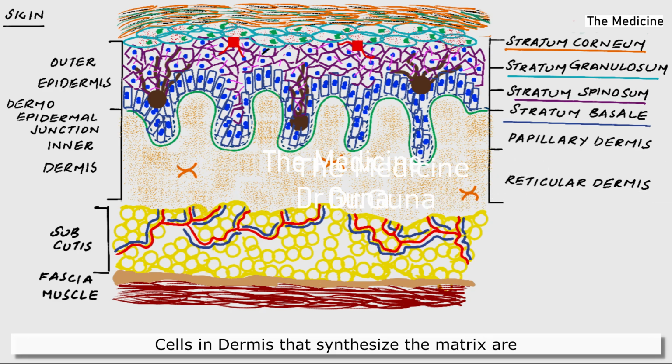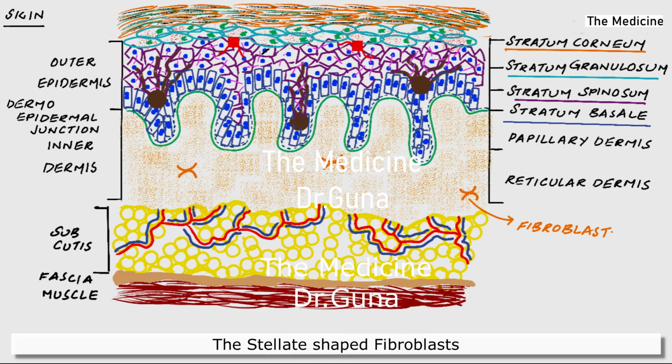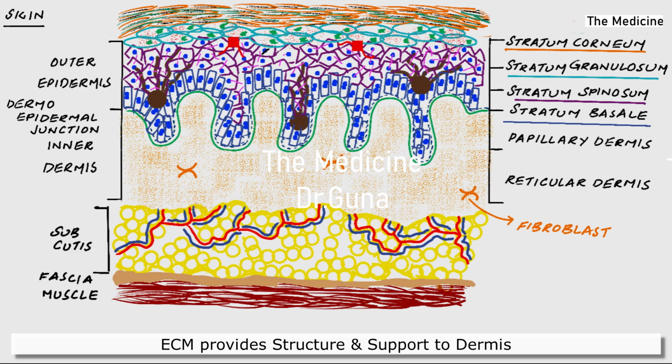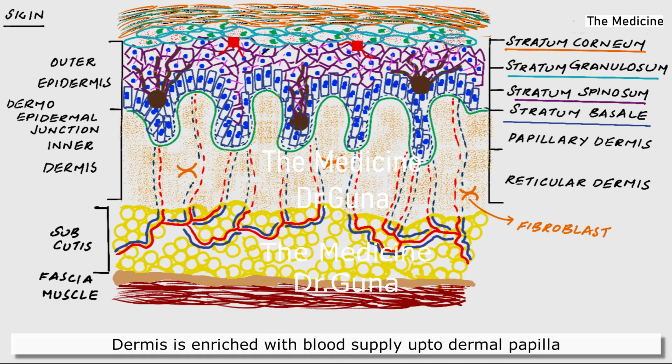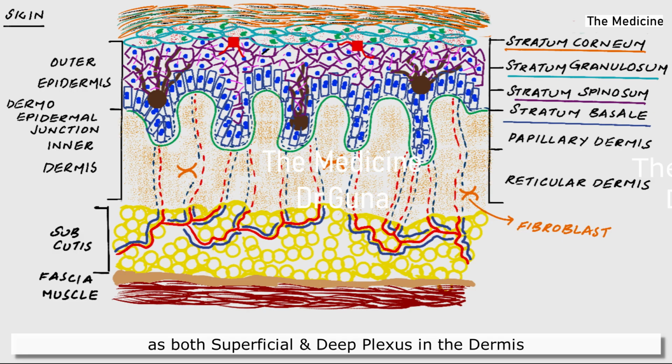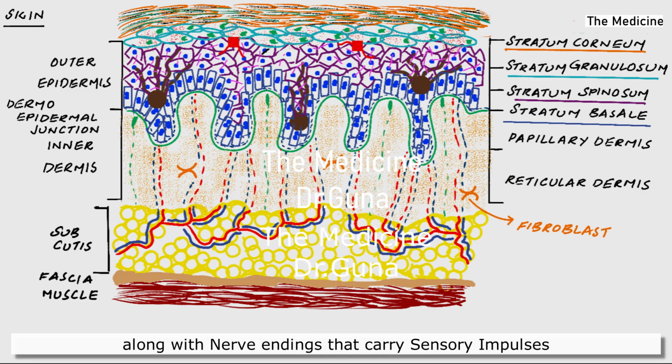Cells in dermis that synthesize this extracellular matrix are called the stellate-shaped fibroblasts. ECM provides structure and support to the dermis. Dermis is further enriched with blood supply up to dermal papilla, has both superficial and deep plexus in the dermis, along with nerve endings that carry sensory impulses.